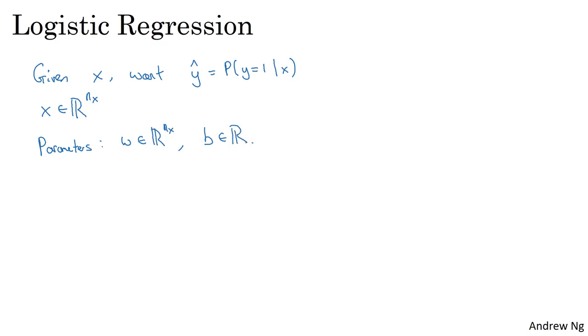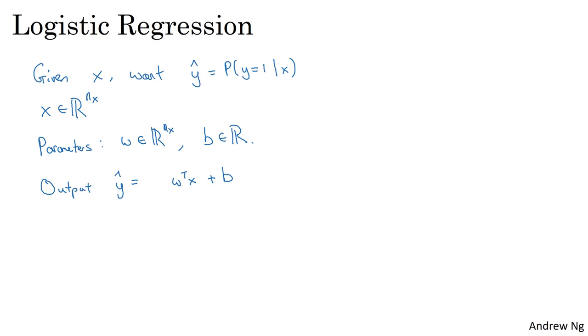So given an input x and the parameters w and b, how do we generate the output y hat? Well, one thing you could try that doesn't work would be to have y hat be w transpose x plus b, kind of a linear function of the input x. And in fact, this is what you use if you were doing linear regression.